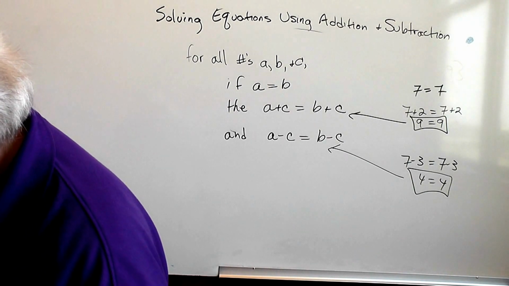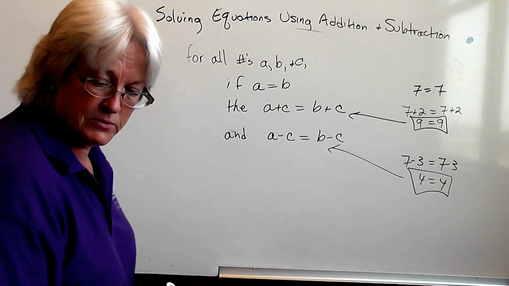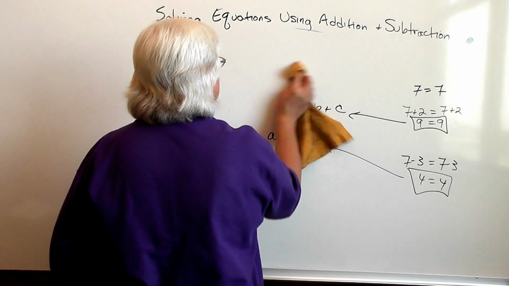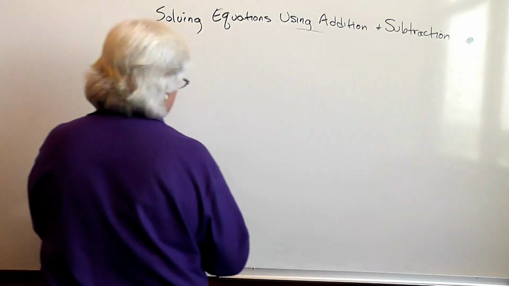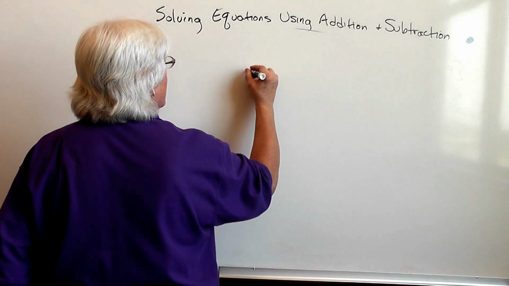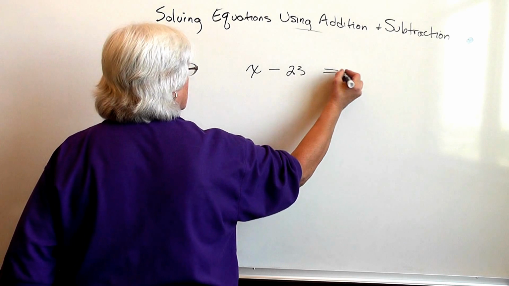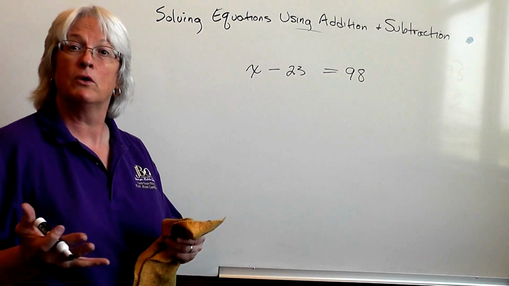So let's look at example number 1. X minus 23 is equal to 98. And see what we should be doing. X minus 23 is equal to 98. What do we start with?